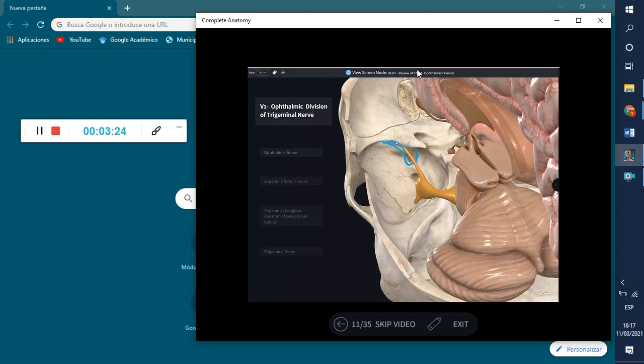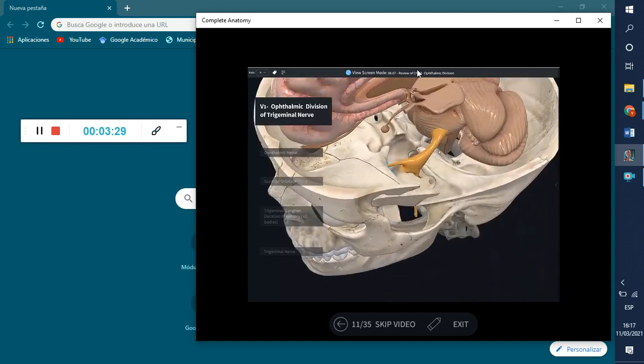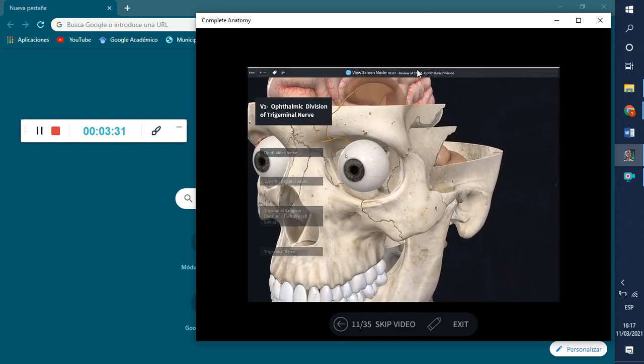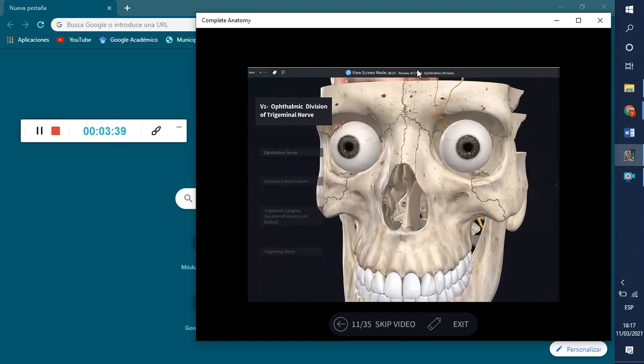Yeah, passes through superior orbital fissure, as you can see here, supplies quite some important things, like, for instance, your cornea, your upper conjunctiva, mucosa of the anterior superior nasal cavity, so inside the nose here. The sinuses, well, at least the frontal and ethmoidal sinuses, part of the dura, and the skin of the back of the nose, which I showed you a little bit earlier on.